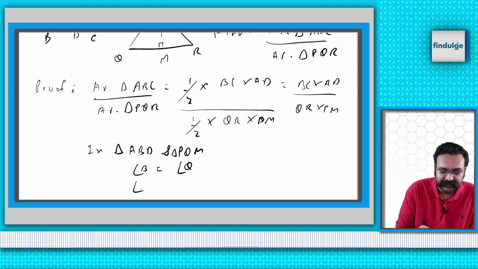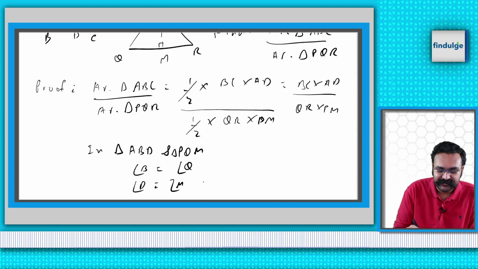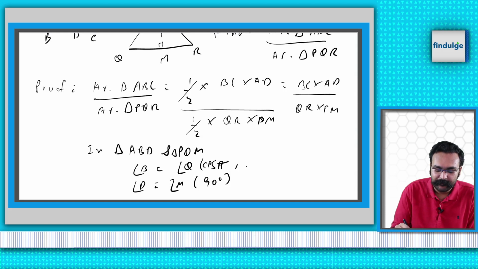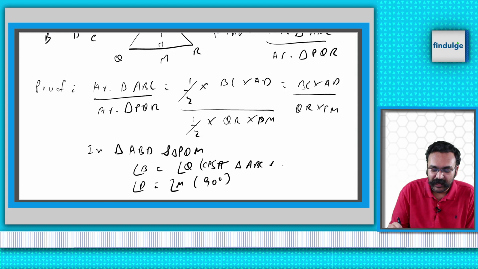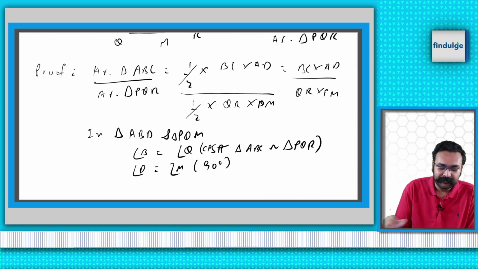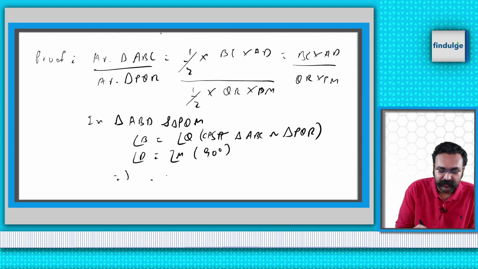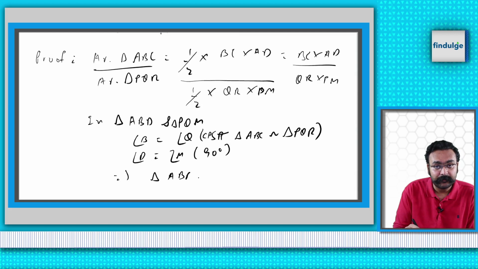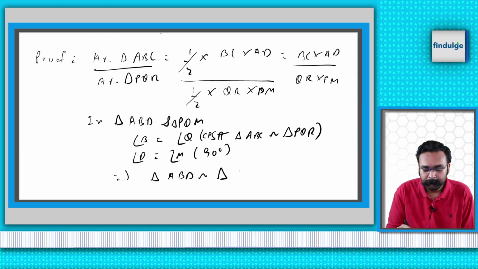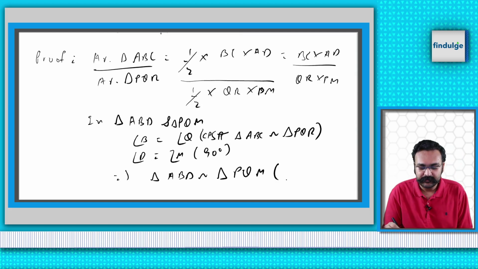Obviously angle D is equal to angle M, once again they are 90 degrees. This comes from CPST, from triangle ABC similar to triangle PQR, and therefore by AA similarity we end up getting triangle ABD is similar to triangle PQM.